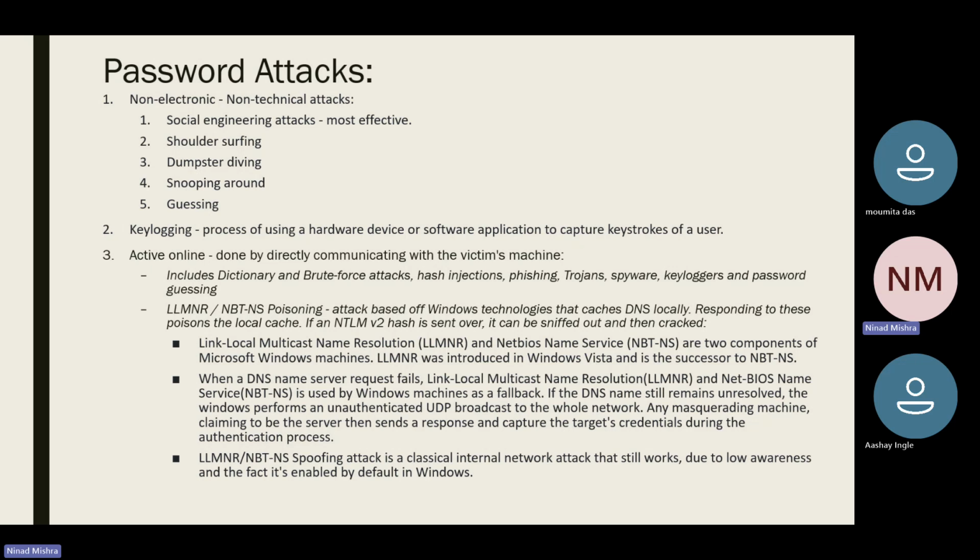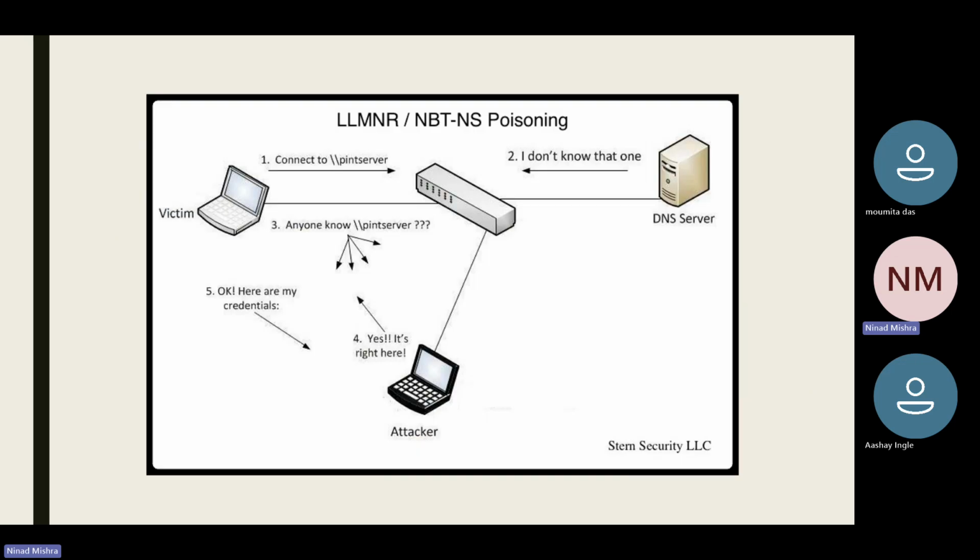The reason being, they hope for someone to respond with that particular IP or host name, because DNS does not have that record. In that case, it will do UDP broadcasting to the whole network.